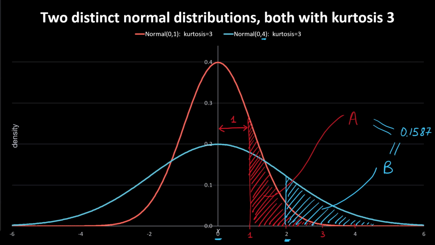And this is precisely what the fact that these two distributions, just like any other normal distribution, have the exact same kurtosis value of 3 says: that their tail behavior relative to their own standard deviation is exactly the same.